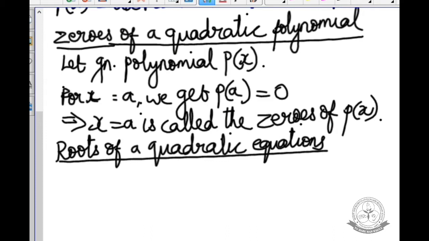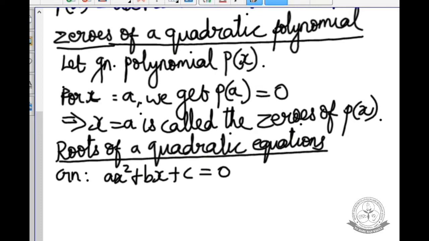Suppose a quadratic expression ax squared plus bx plus c equal to 0 is given. Equal to 0 makes it a quadratic equation. So ax squared plus bx plus c equal to 0 is a given quadratic equation. The condition by the definition is a is not equal to 0. The coefficient of the highest degree should not be 0.